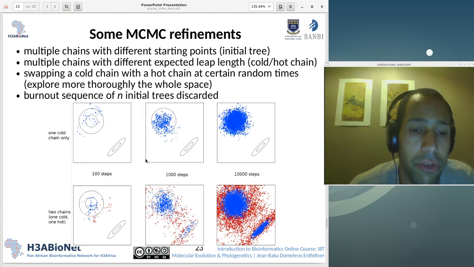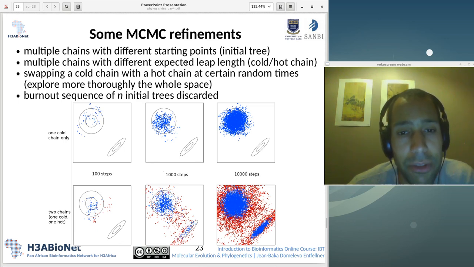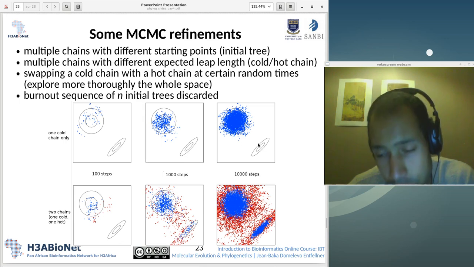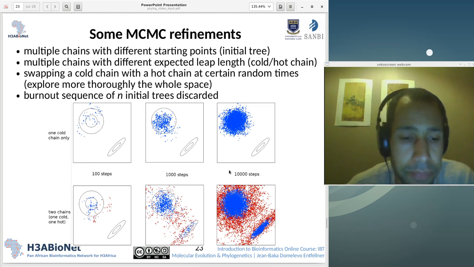Here we introduce an example still using only 2 chains, not completely random. We have different expected leap lengths. So as I said, we have one chain that jumps fast and far and is a bit crazy. That's what we call the hot chain.